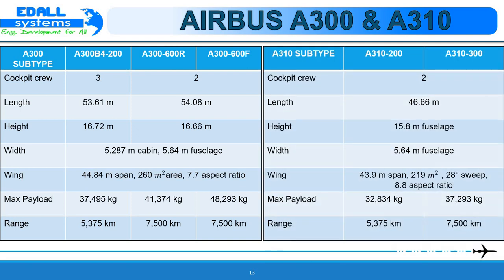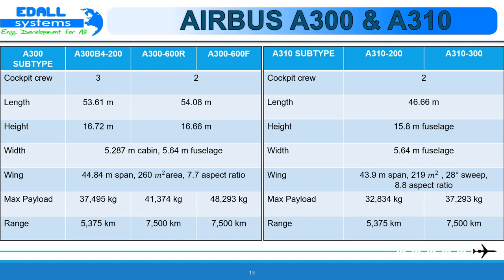The next one is the A310 subtypes. A310-200 possessed a higher maximum takeoff weight and center section fuel, being able to carry 32,834 kg load for 5,375 kilometers. The A310-200C is a convertible version.